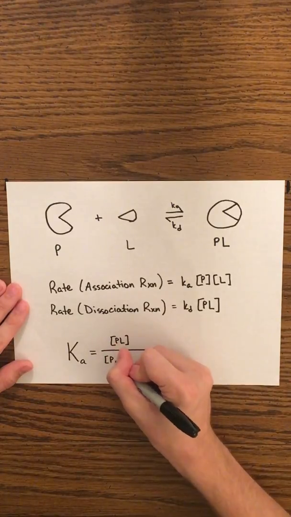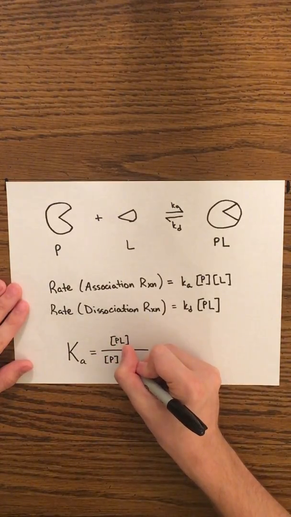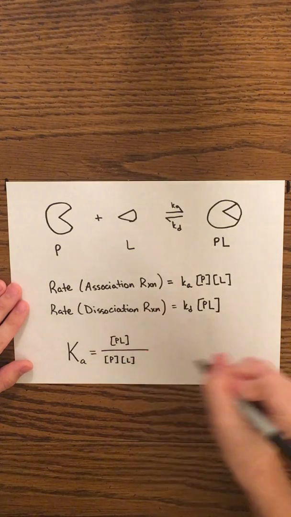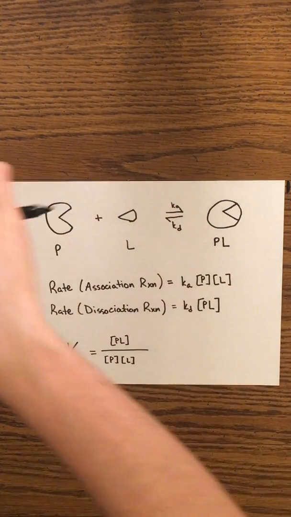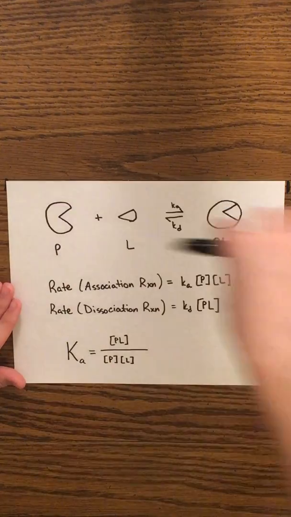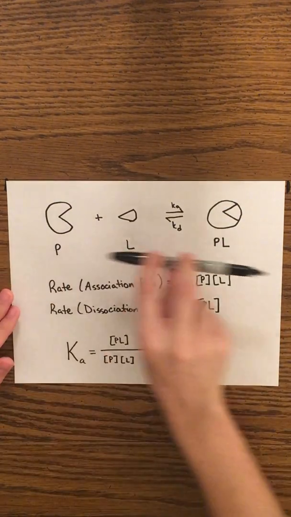Products over reactants. Okay, so again, that was if we were looking at the association, if we were reading this reaction going this way.